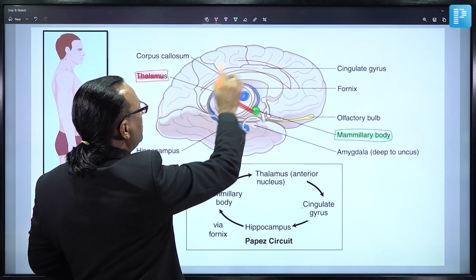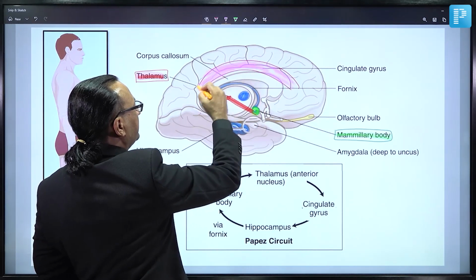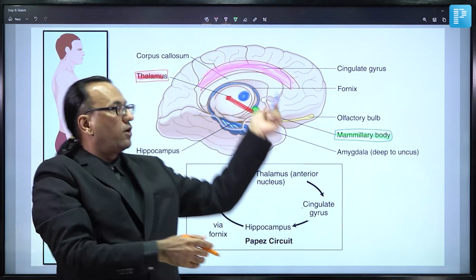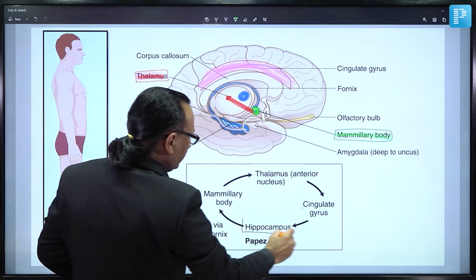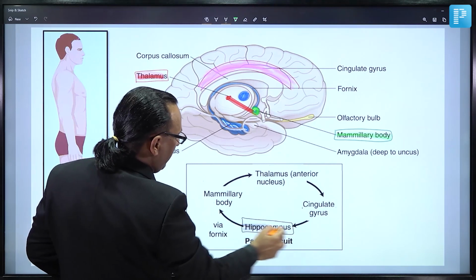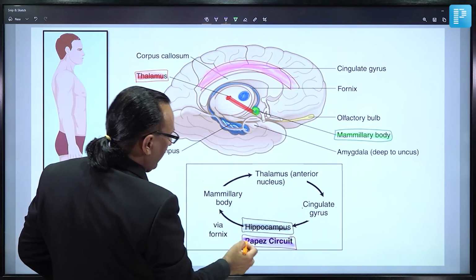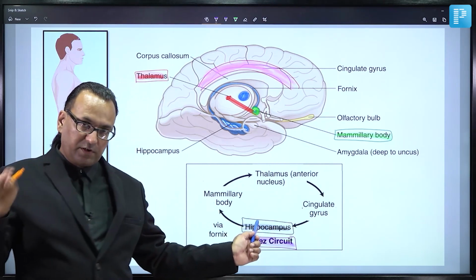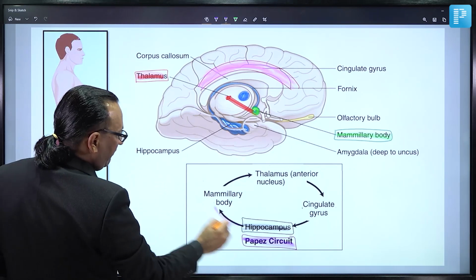So let us look at the neural loop itself, which is known as the Papez circuit in the limbic system for learning and memory. It all starts with the hippocampus, which is the seat of recent memory. So talking about the Papez circuit, starting from the hippocampus, you are sending some fibers towards the mammillary body first via the fornix, as evident here.